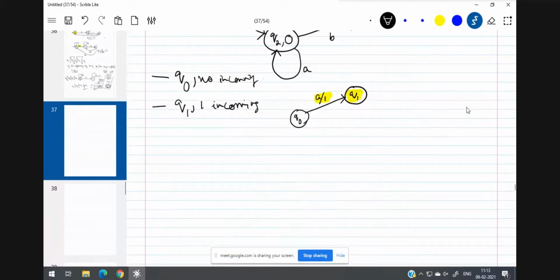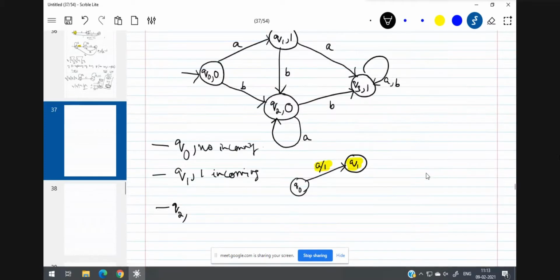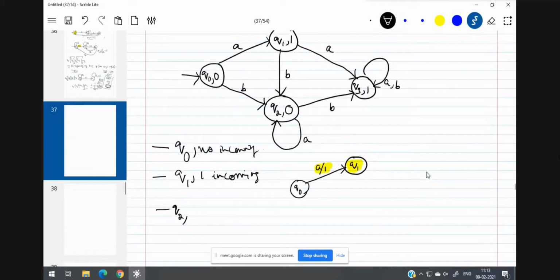Next, I'm going to scan Q2. In Q2, how many incoming arcs are there? Three, and the self loop also you need to count. So three incoming, and I need to modify it here. I'm going to remove the output associated with state Q2.